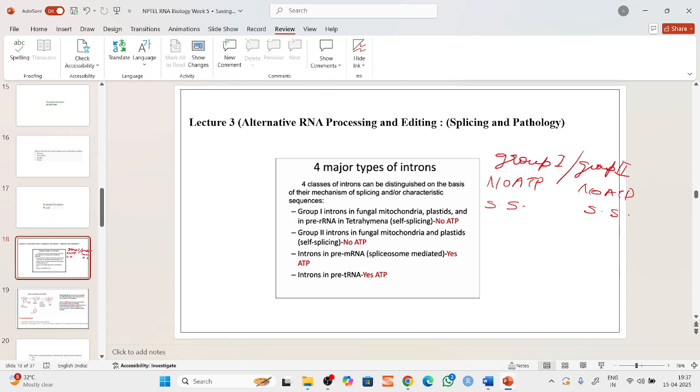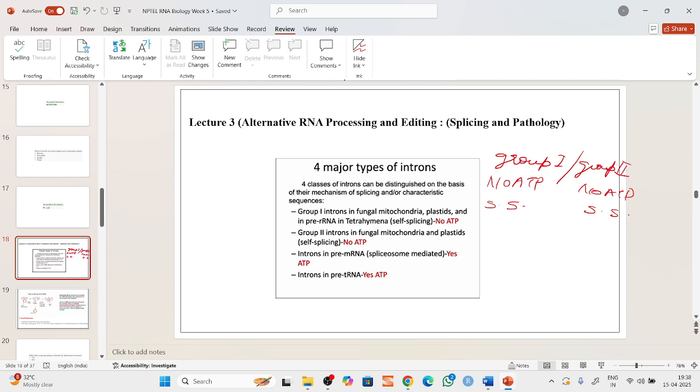Group 1 introns are present in fungal mitochondria, plastids, and pre-RNA of Tetrahymena. And group 2 are only present in fungal mitochondria and plastids. That is the difference.